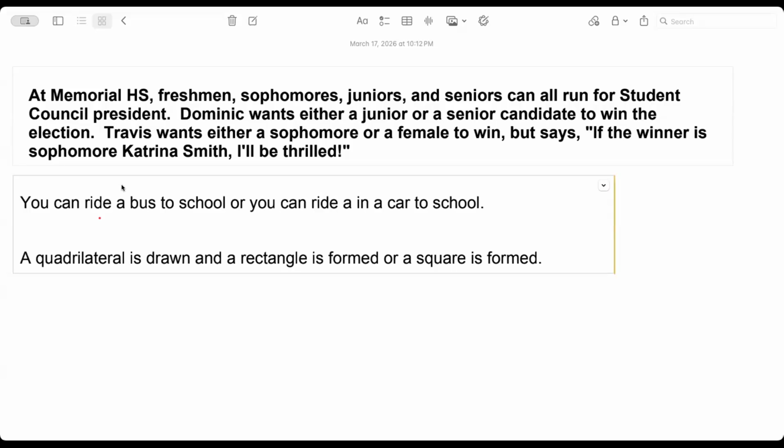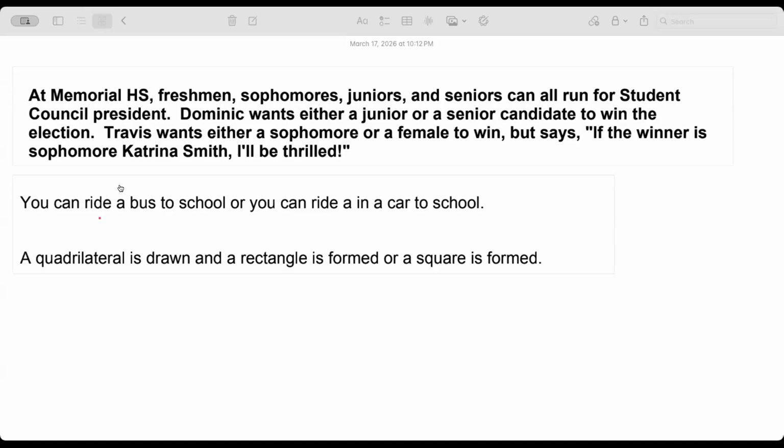Can you ride both to school? Not on the same day or the same time. So are they mutually exclusive? Yeah, you can't do both, right? Okay.